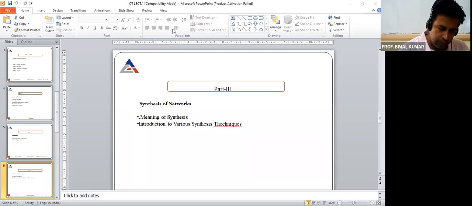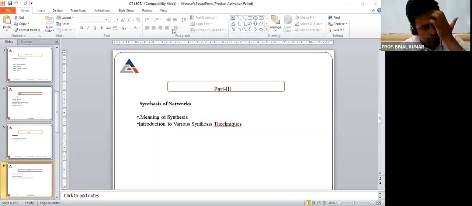So whenever some equation is there in the form of some quadratic equation in the numerator over some quadratic equation in the denominator, then from that equation we will have to design a network in the form of R, L and C, right?